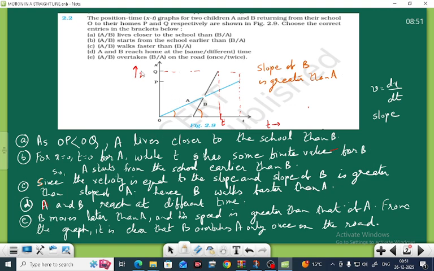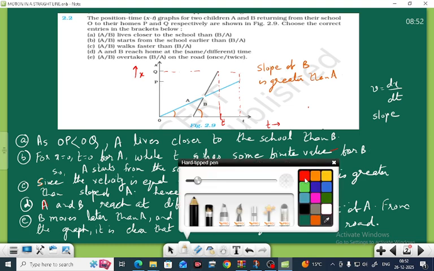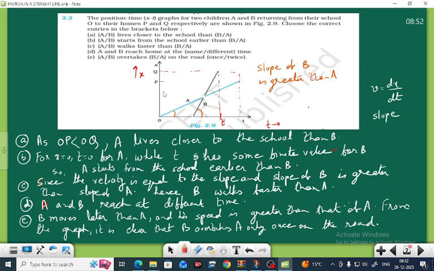And if we find D, whether A and B reach home at the same or different time, we have to find this P point. You have to draw a perpendicular. Suppose this is the A point.